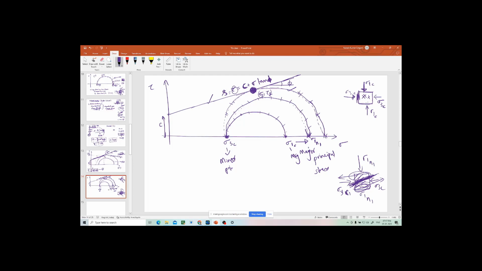Now if you can draw this Mohr circle, and you know the failure envelope, then you can find out this point in the graph. Then you can find out the sigma f and the tau f. So you can tell these are the values on the failure plane. These are the stresses: on this plane, this is sigma f, this is tau f. That's how the Mohr circle is used.